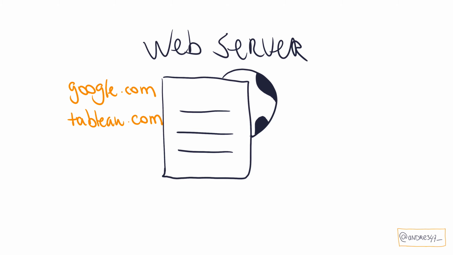Now, let's take a step back and talk a little bit about what this thing called a web server is. A web server can host static content like a website. Examples are, of course, google.com, tableau.com. This web server sits somewhere on the internet, and it has an IP address.